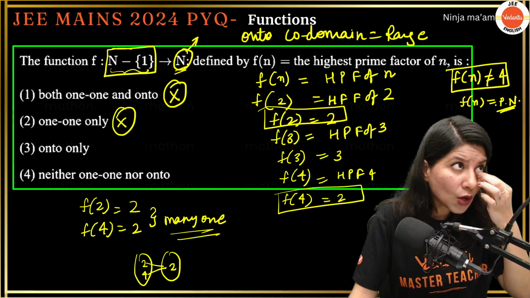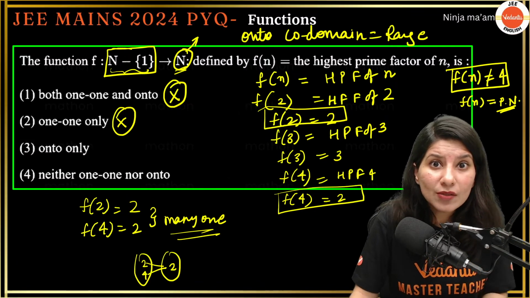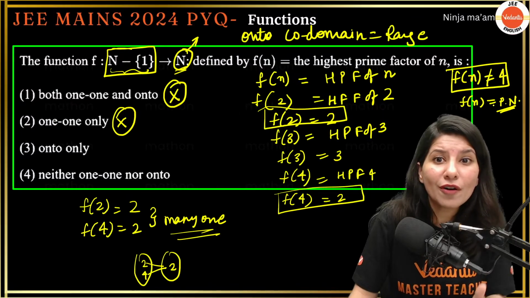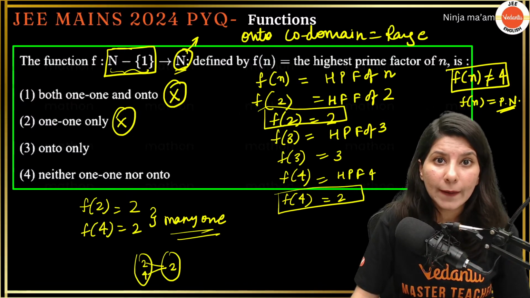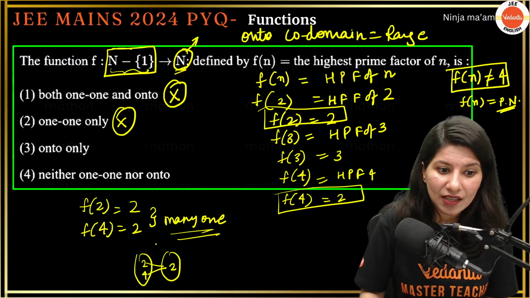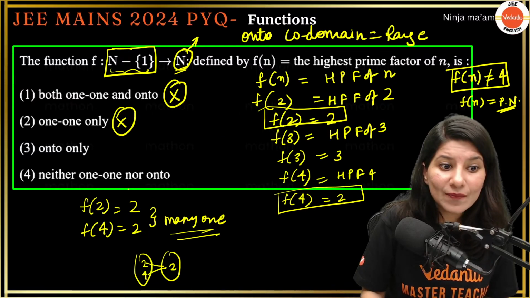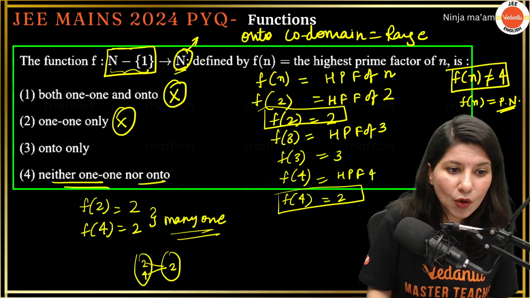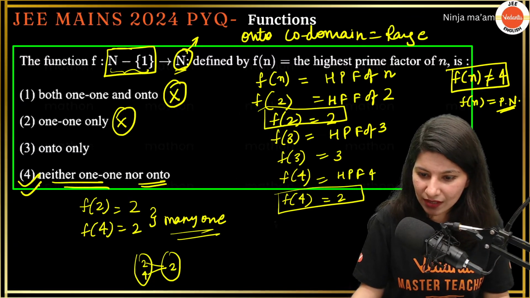So we are missing so many natural numbers. So many natural numbers will not be in the range of your function. You cannot get 4 as the output of the function. That means codomain and range are not equal. That's why the function is not onto. Neither one-one nor onto is absolutely right. Easy peasy lemon squeezy if you understood this.